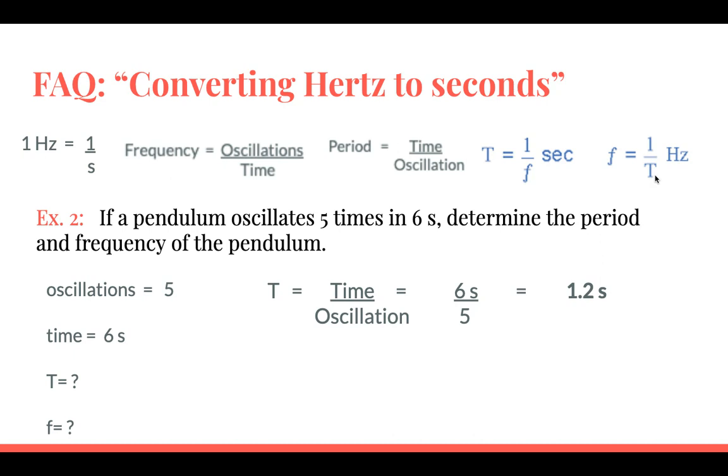Knowing that one oscillation occurs in 1.2 seconds, to find the frequency, you take the inverse, so you divide 1 oscillation by 1.2 seconds, the time it takes to make the oscillation, and you get 0.83. The units are still 1/second, which is the definition of a hertz. The frequency is 0.83 hertz.